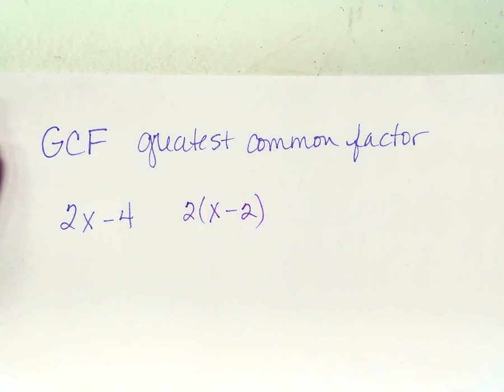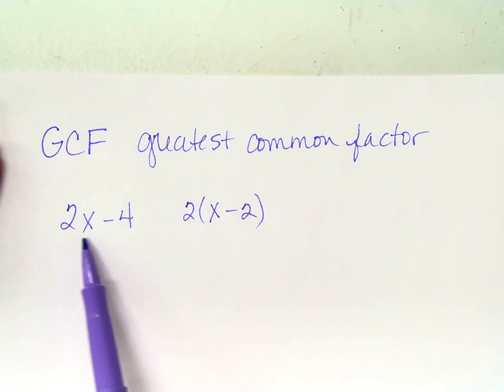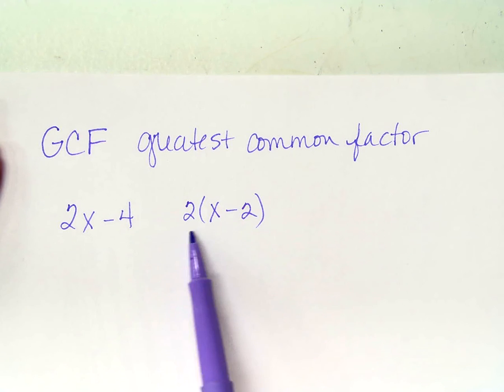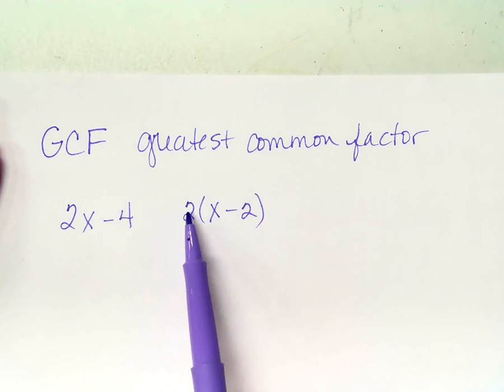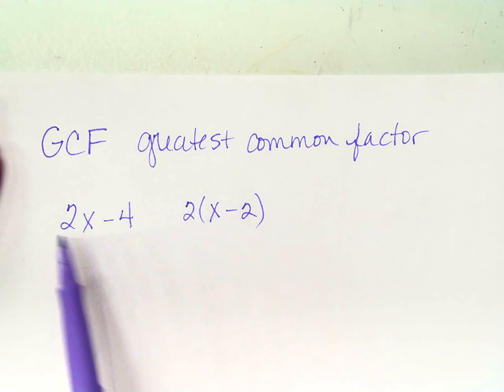A lot of people think that multiplication and division are opposites. While most of the time that's true, here I went from this to something divided into its two parts, but I didn't call it dividing. What did I call it? Factoring.